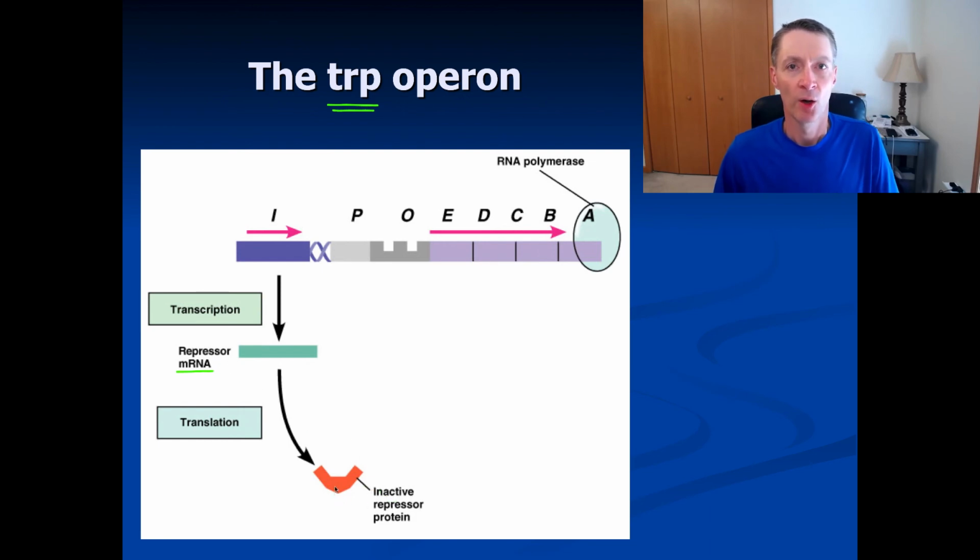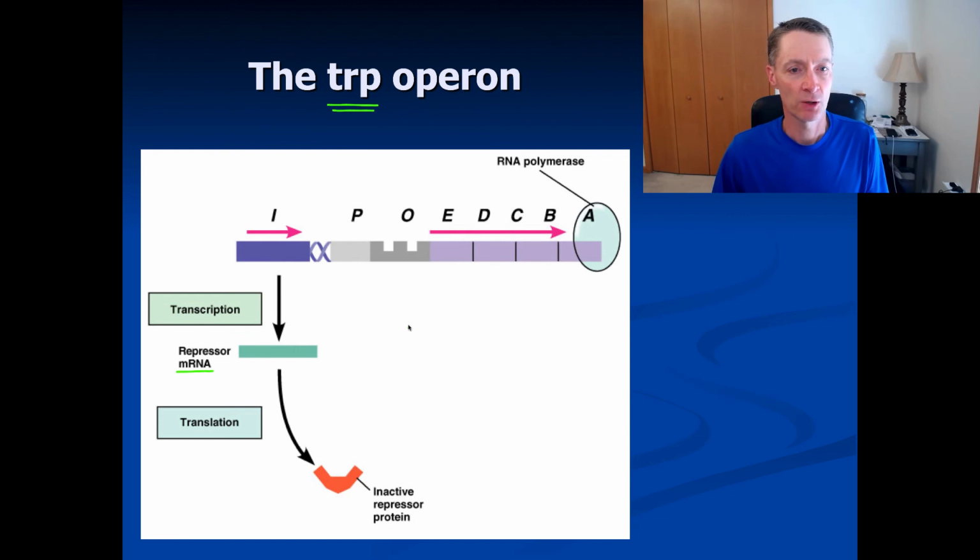Now, when the protein was produced in the lac operon, it was an active repressor protein to start with. Here, the native shape of the repressor protein is inactive. It is not capable of binding on the operator when it's made, right?